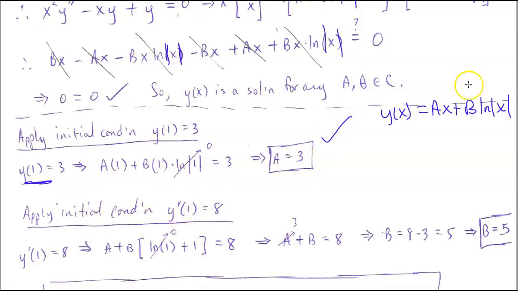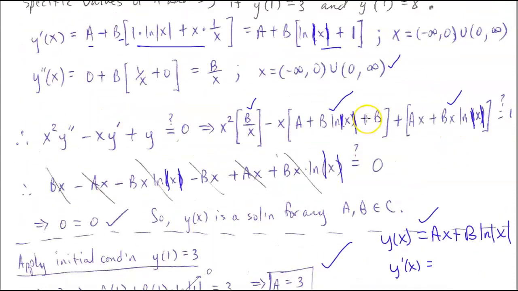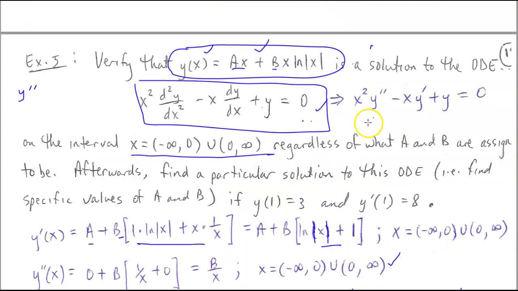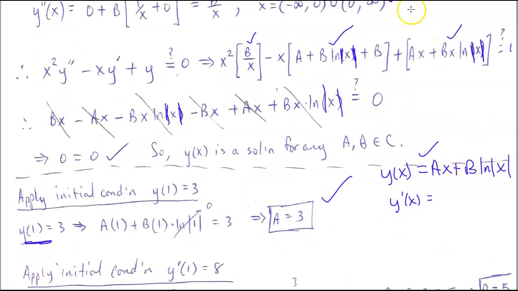And when we consider the first derivative of this particular function here, I think I left something out. Yeah, there should be an x in there. I forgot to write that.